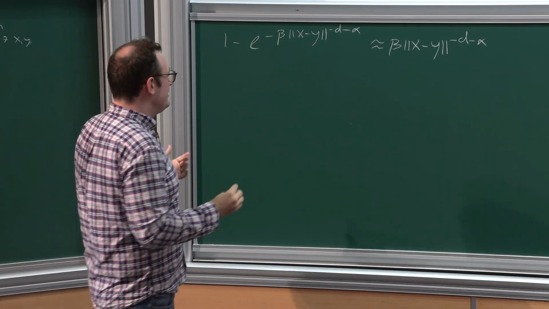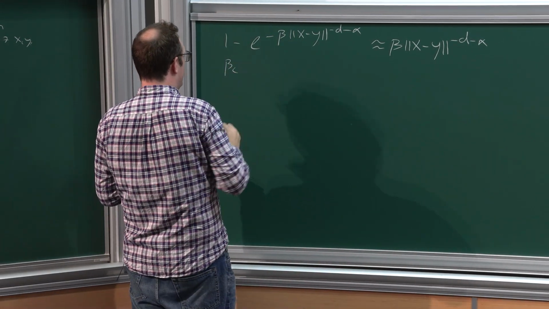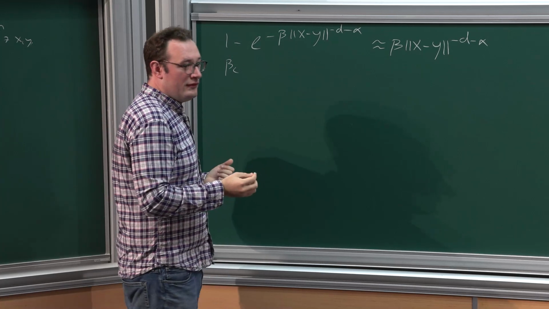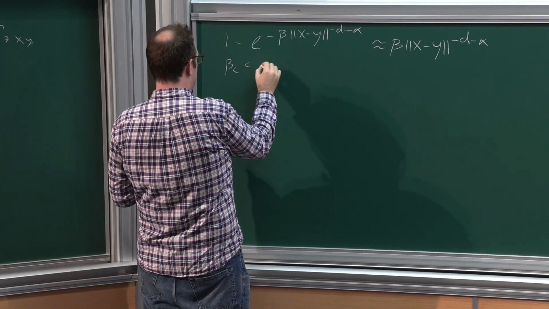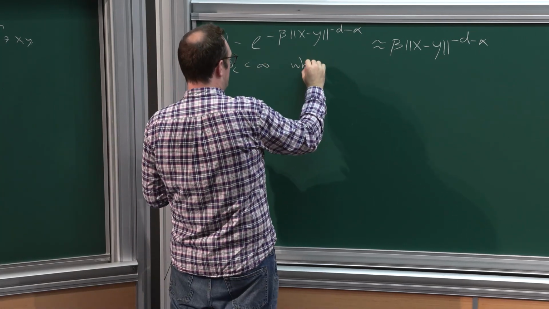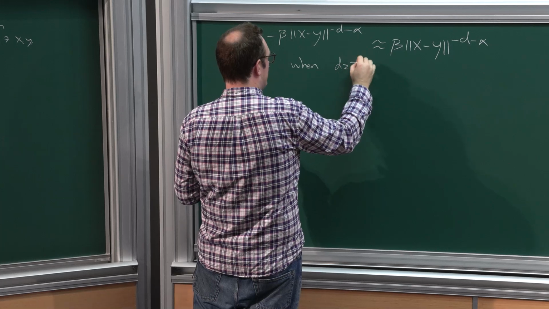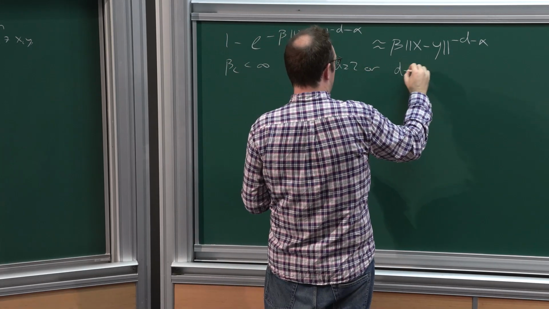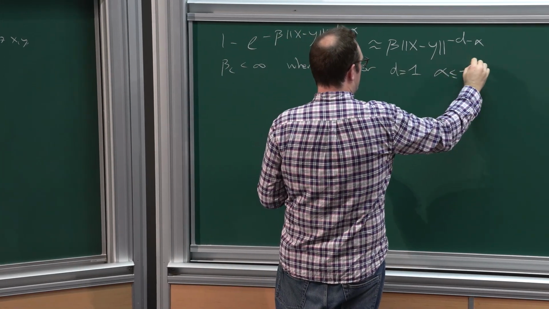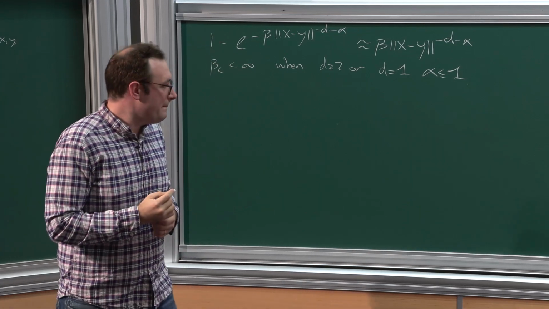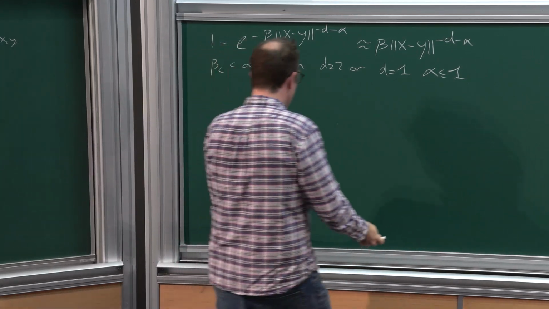Okay, and beta_c is the point of phase transition, which is less than infinity when d is at least 2, or d equals 1 and alpha less than or equal to 1.